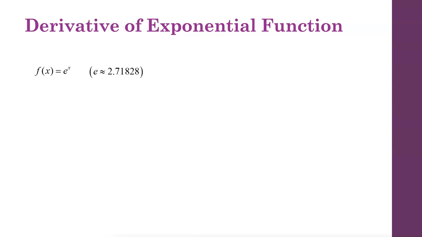So notice again the difference between an exponential function and a power function. In a power function, the base was the variable, while the power or the exponent was a constant. In an exponential function, the base is a constant, while the power is a variable. So we want to know how to take a derivative of a function like that.